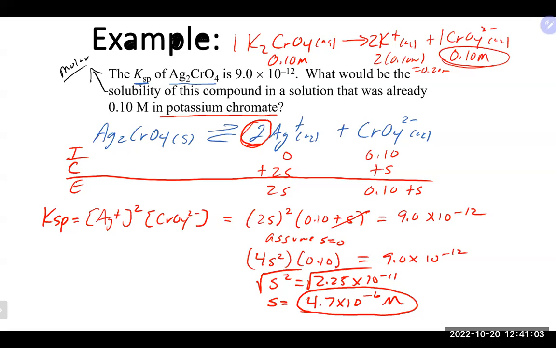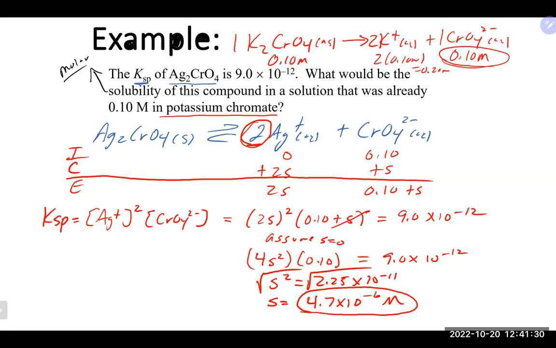If you just look at the silver part, it's a 1 to 2 going backwards. So you divide out the 2 and it comes back to this number at the end. So ultimately, when you solve for that S, that really is the molar solubility of the compound. And then sometimes you want the ions. If it's not a 1-to-1, it breaks apart into ions, and you do have to do some calculation to get those concentrations. Any questions on that?